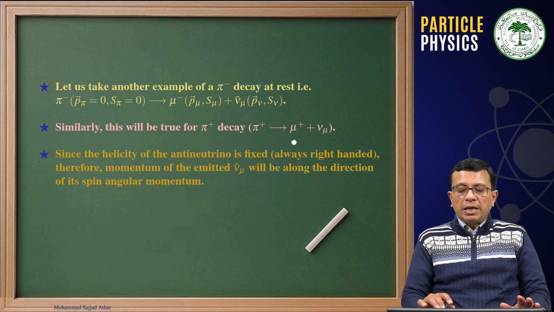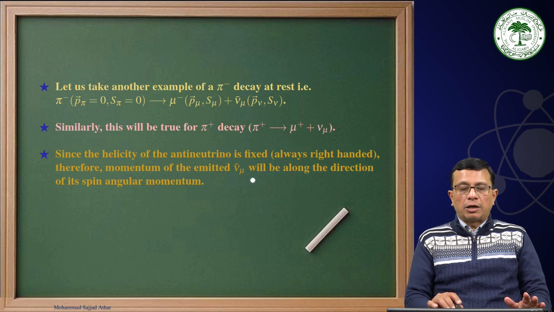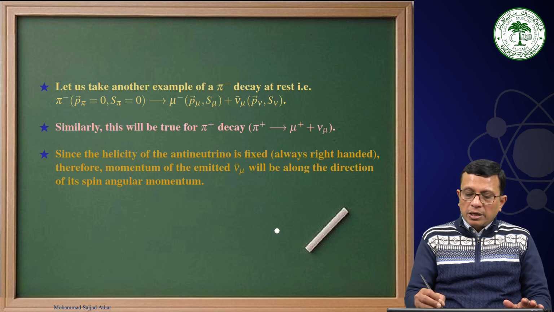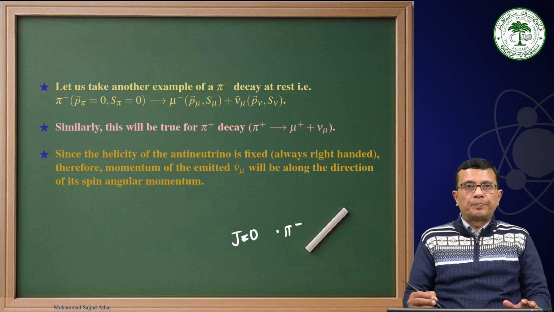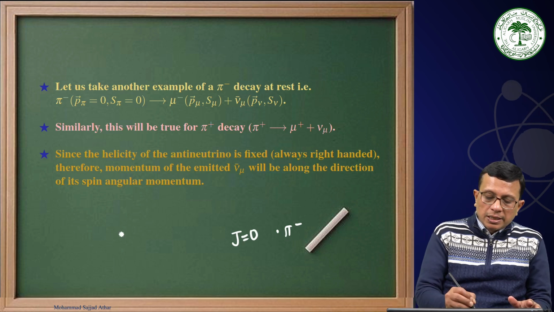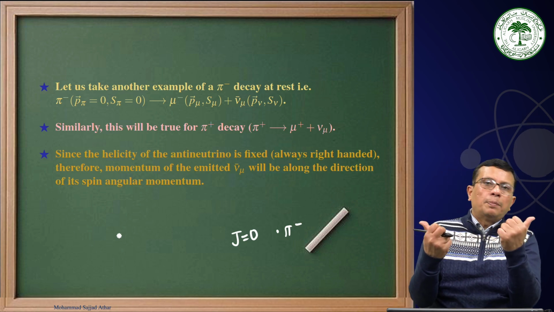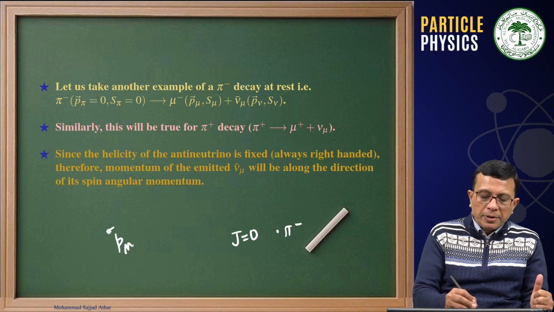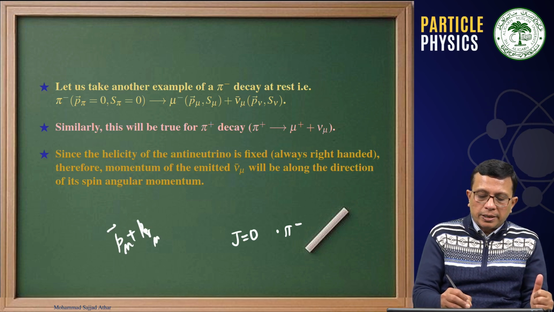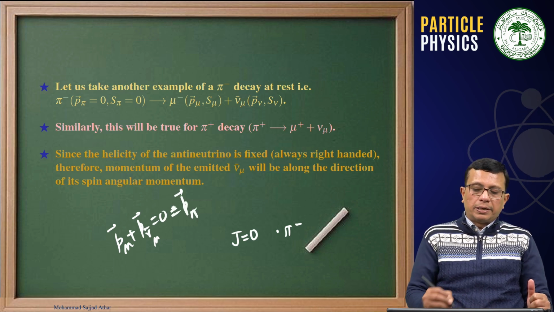Now, since the helicity of the antineutrino is fixed, always right-handed, the momentum of the emitted nu mu bar will be along the direction of its spin angular momentum. Say I am talking about a pi minus; its spin is 0. It is decaying at rest, so the momentum of the neutrino will be exactly opposite to the momentum of the muon, because we have to conserve linear momentum. We have seen that p mu plus p nu mu bar must be equal to 0, as this is equal to p pi.